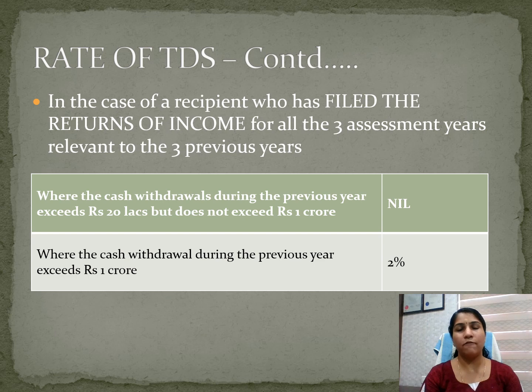His limit will be 1 crore of rupees, that is for 20 lakhs to 1 crore withdrawal, he will not have to pay any TDS, but from 1 crore onwards, his cash withdrawals above rupees 1 crore will be exigible to 2% of TDS under section 194N.